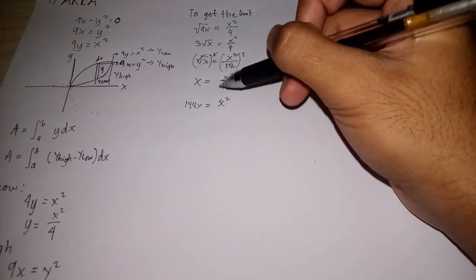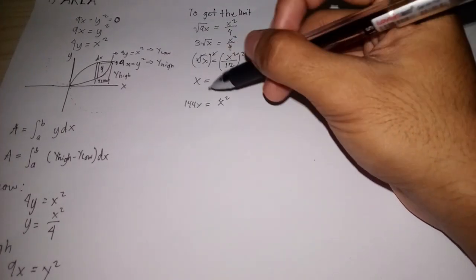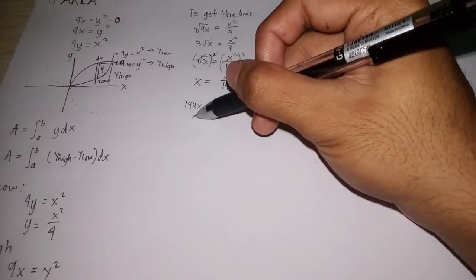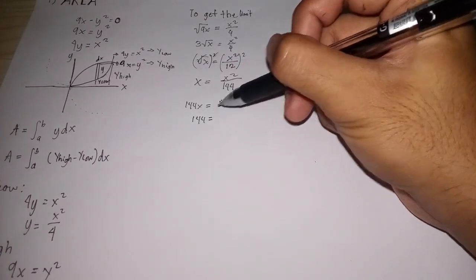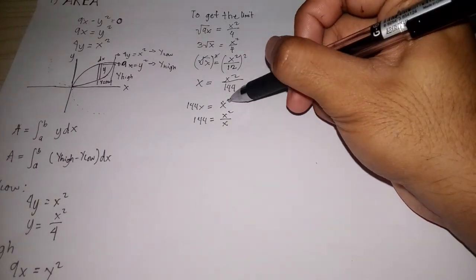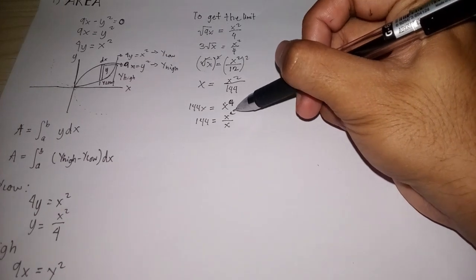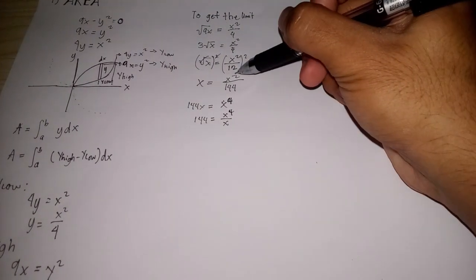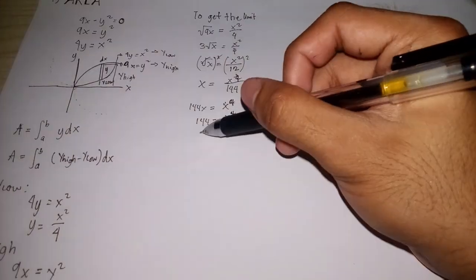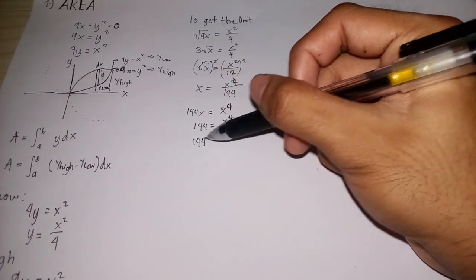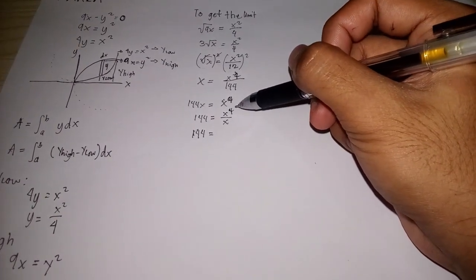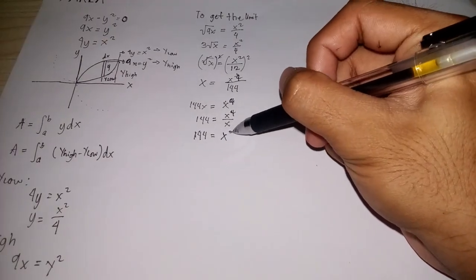Then once again, divide it by x, so we will get 144 is equal to x squared over x, x raised to 4. So this is x raised to 4. I'm sorry. So it will become x raised to 4 since it's in the power of 2 times 2. So 144 now, the power will subtract, this will become x cubed.